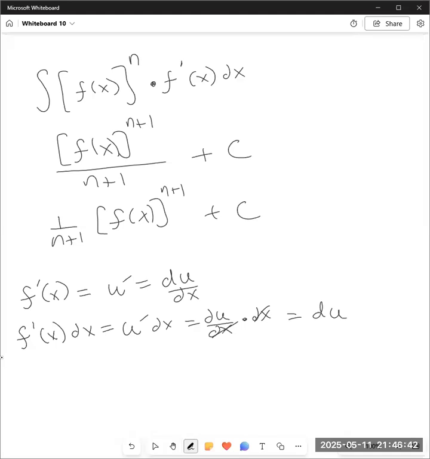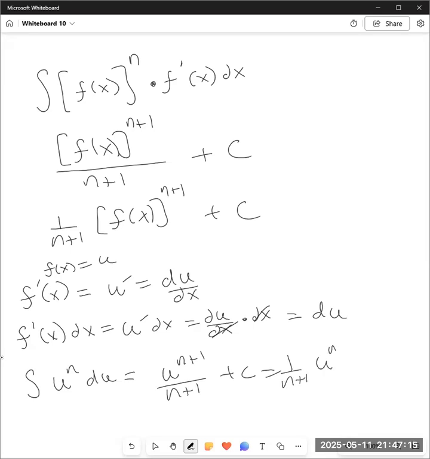So another way that we can write this whole thing is that if f of x is equal to some variable u, and f prime of x is equal to u prime or du dx, then this could be written as u to the n, and then this f prime of x dx is the same thing as du, and that'll be u to the n plus 1 over n plus 1 plus c, or 1 over n plus 1 times u to the n plus 1 plus c.